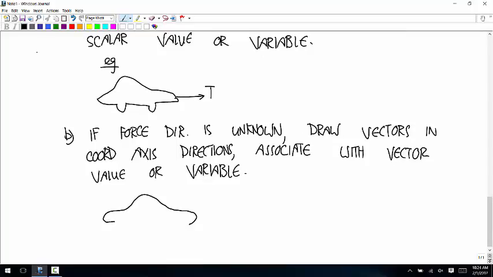So in that case, like if we're talking about a friction contact between the wheel and the ground, those are the two vectors in the axis directions, and then you'd associate that with some vector.